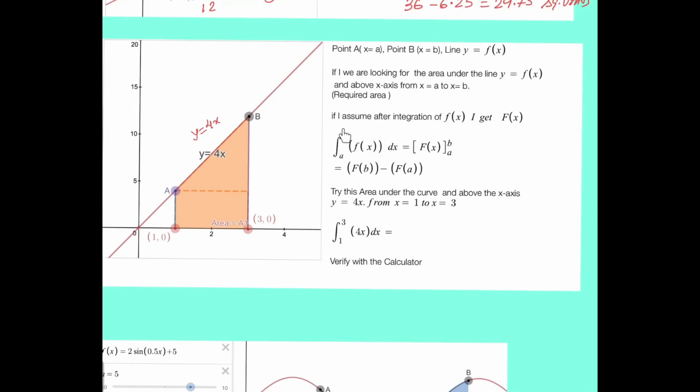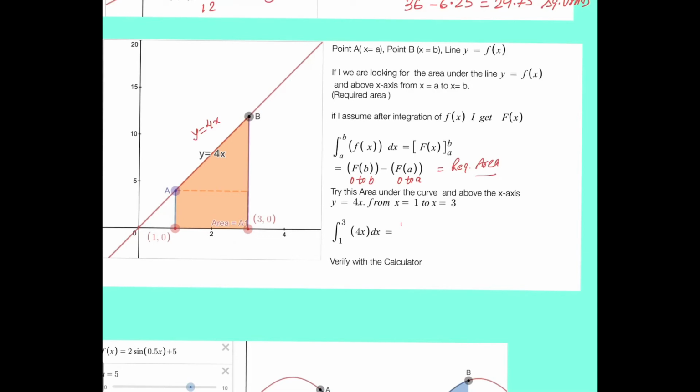If you integrate the function, capital F(x), then you substitute the limits. First you plug in b, which is the upper part, and then F(a), because F(b) will give you the area from 0 to b, and then you subtract the first part from 0 to a. That will be the required area from a to b.